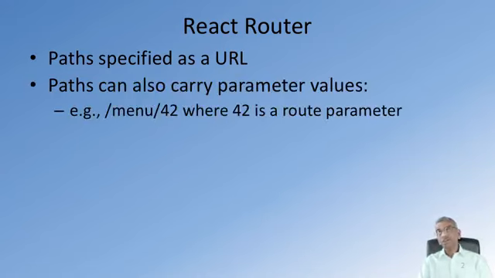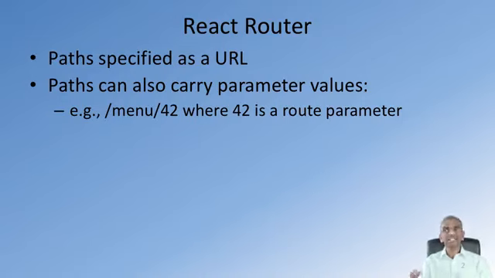For example, if we want to display dish number 42, we can use /menu/42 and interpret 42 to be a parameter which identifies the specific dish that we want to display. If this number 42 can be delivered to the dish detail component, it can make use of that to select the appropriate dish and then display it.